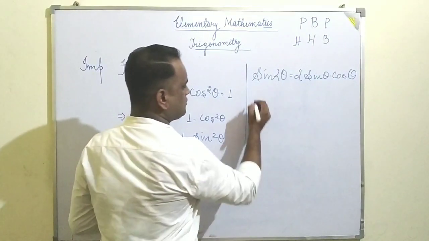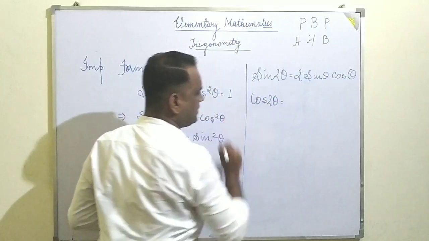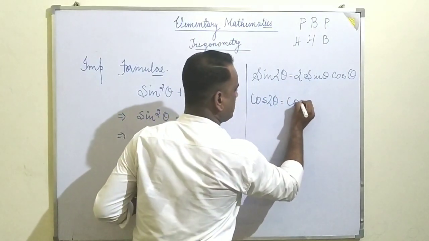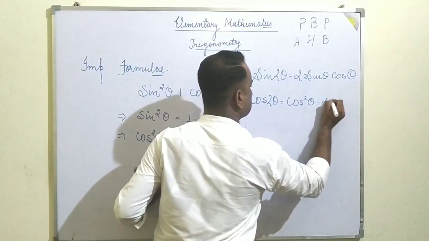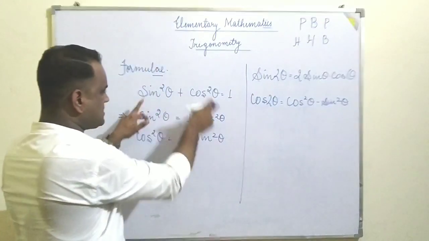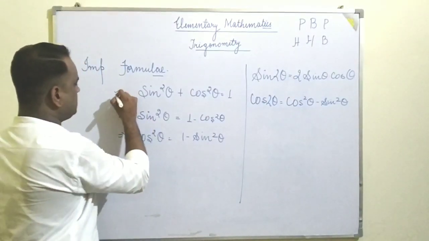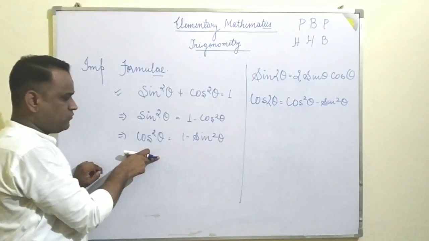Now the next one is cos 2 theta. Cos 2 theta will be cos square theta minus sin square theta. Now we can split this identity into two more formulas.